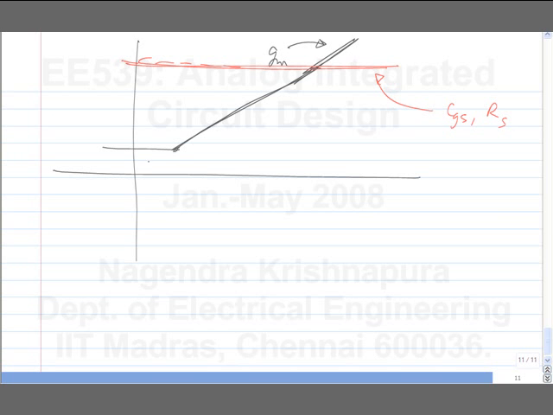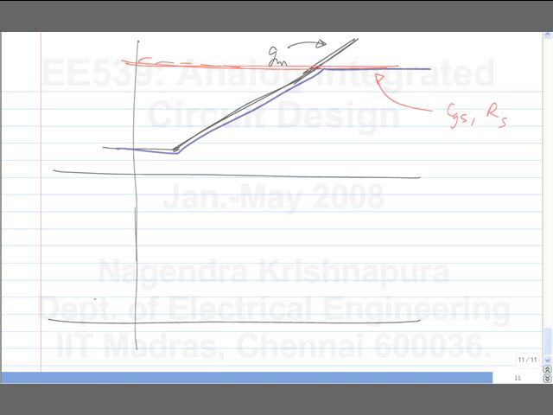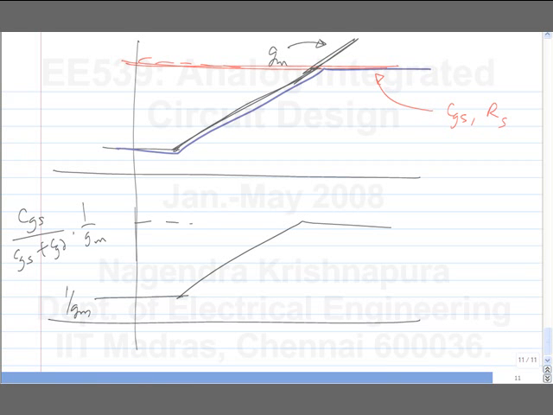Right. What happens now? In this case, the part through GM itself does something like this. It starts from 1 over GM and goes to the capacitive ratio times 1 over GM. If you plot the impedance of the GM part of it, this is what you see. And what is the impedance of the remaining part? This one.